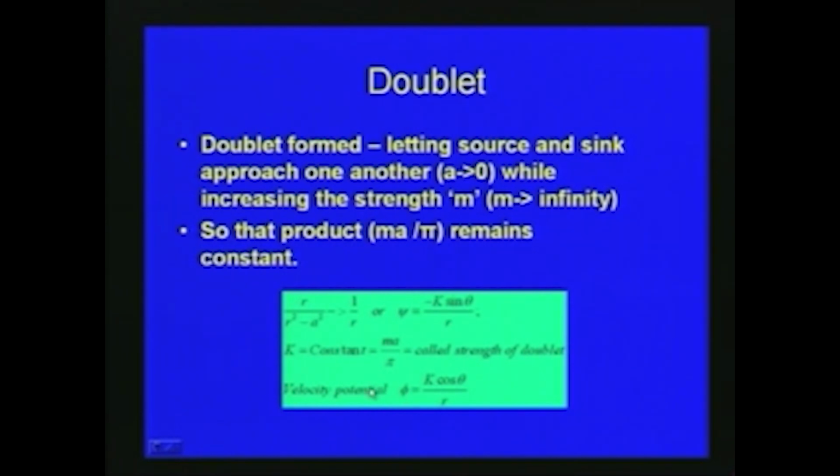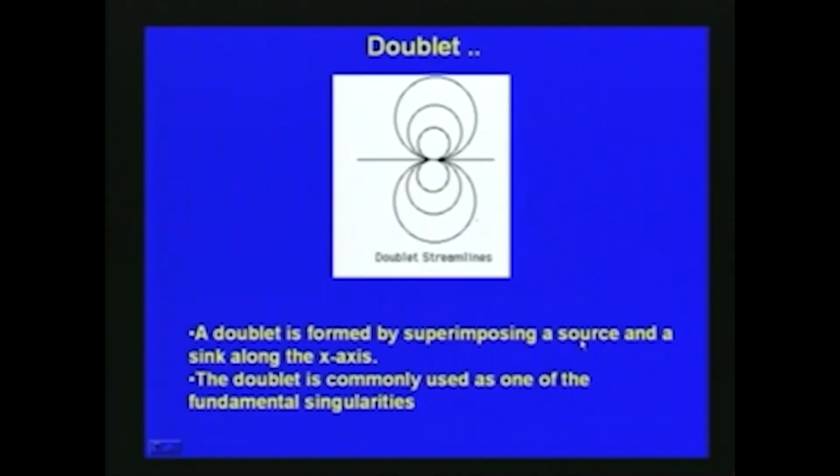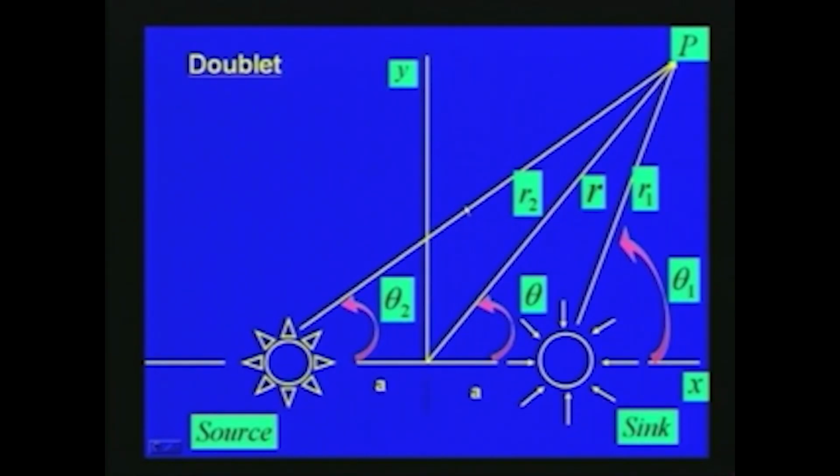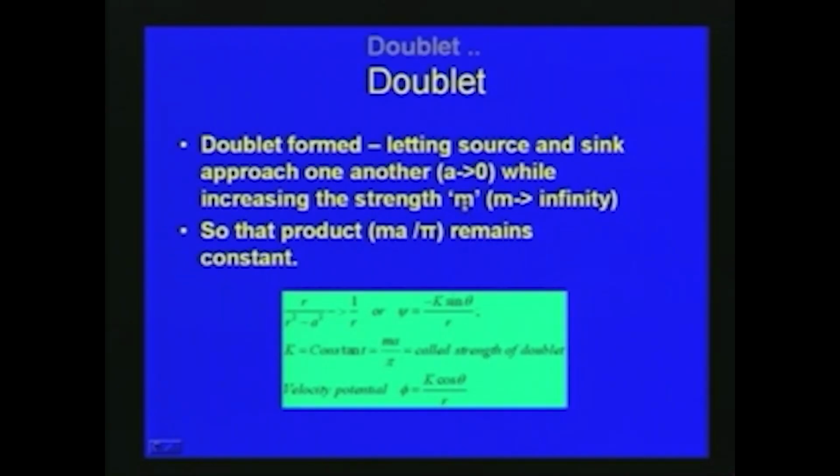And finally, the velocity potential, with respect to this, we can write φ is equal to k cos θ by r, as per the definition shown here. You can see that with respect to the previous slide, the source and sink approach the origin, as represented here.